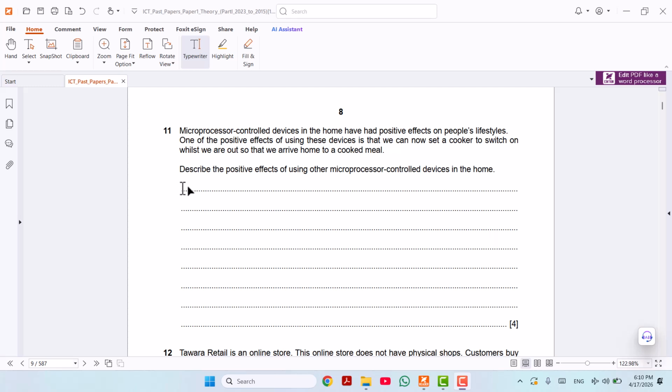I think we have more than 10 devices in the book. So we can choose any and we have many positive effects. So the percent of using the control devices reduces manual or household tasks. So the human now, just with a remote or with his voice, can do the task. Okay, so not manual to be done.